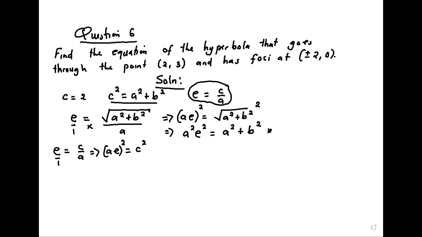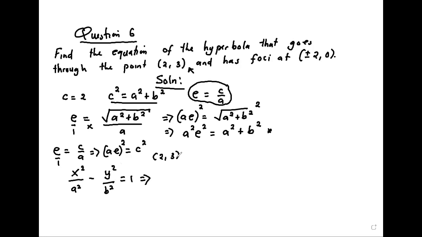Now, since we have foci at plus or minus 2 and y is 0, meaning y is fixed, it's on the x-axis. So the equation of the hyperbola is x squared over a squared minus y squared over b squared equal to 1. What else do we know? This hyperbola passes through the point 2, 3, so x is 2 when y is 3.